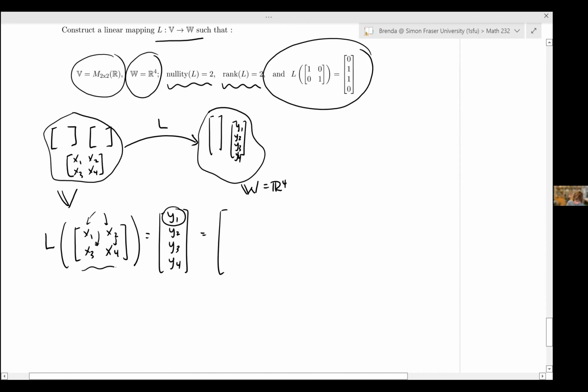Because this is a linear mapping, y1 is going to look something like a1 x1 plus a2 x2 plus a3 x3 plus a4 x4. That is all the possibilities for y1. Similarly, all the possibilities for y2 is some other set of numbers, b1, b2, b3, and so on. This is the most general possibility that I have, so I do that for all of them.